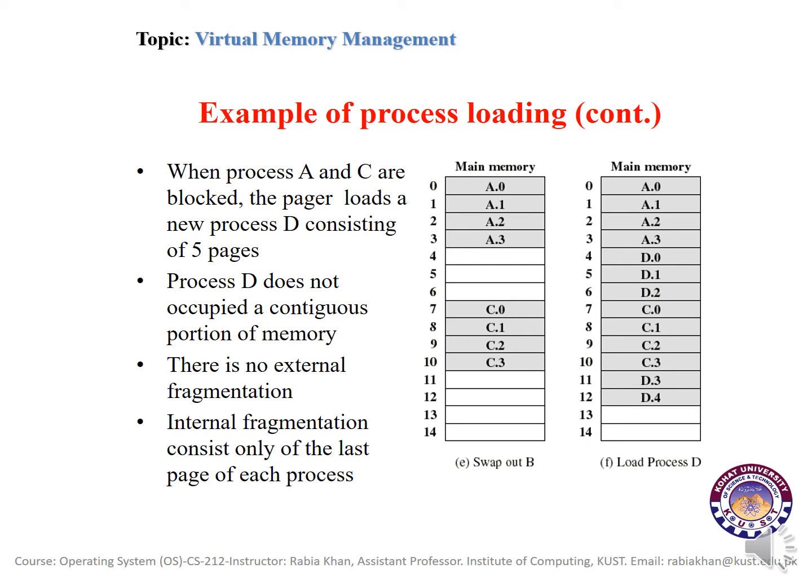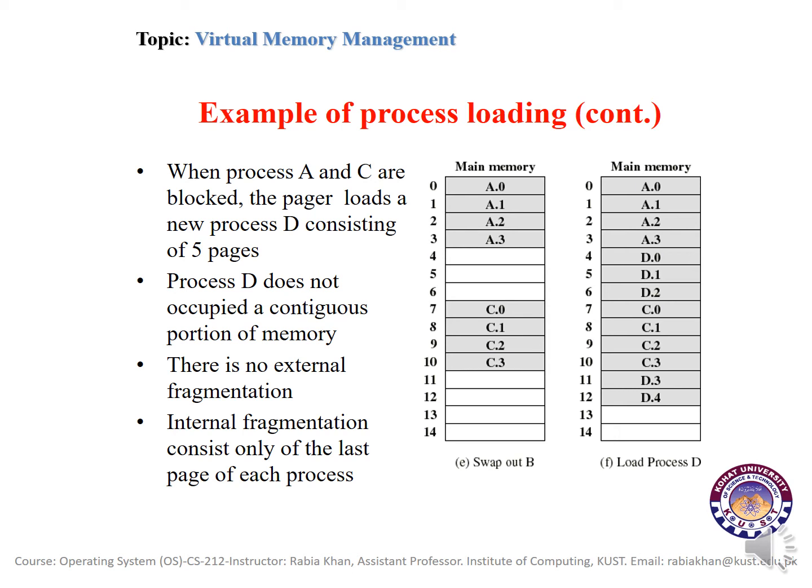For example, there is a program having 12 instructions and 3 pages of 4 instructions are made. So all the 3 pages will be of equal sizes, having no internal fragmentation.